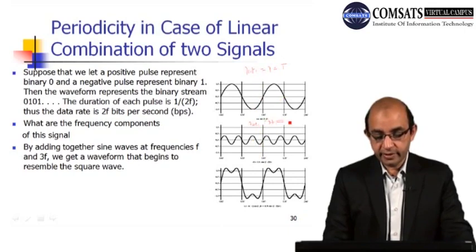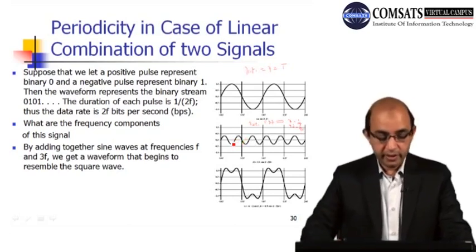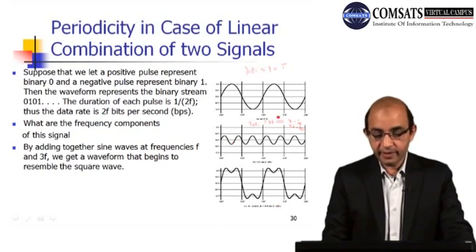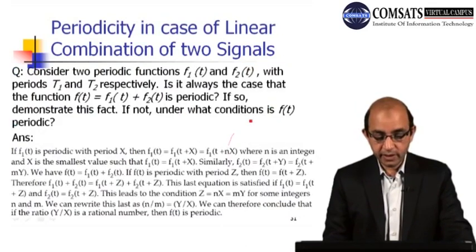So this implies f is equal to 1 over T, so for 3f the period will be reduced. So you can see that it's one third of T. That is the fundamental time period, or this is the fundamental frequency, right?